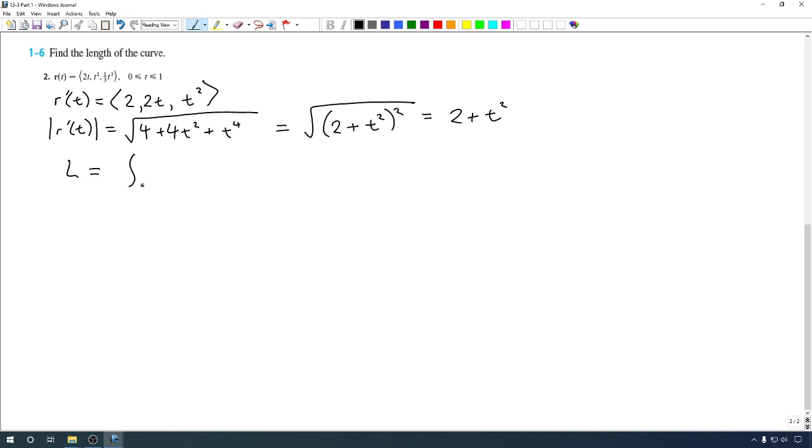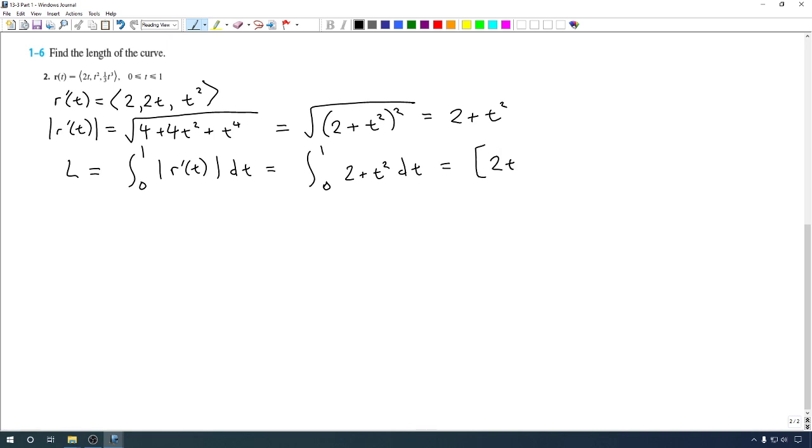The arc length is just going to be the integral from 0 to 1 of this magnitude. I'll go ahead and write that in here, at least this first time. So we're taking the integral from 0 to 1 of 2 plus t squared. That's a pretty simple one to integrate.